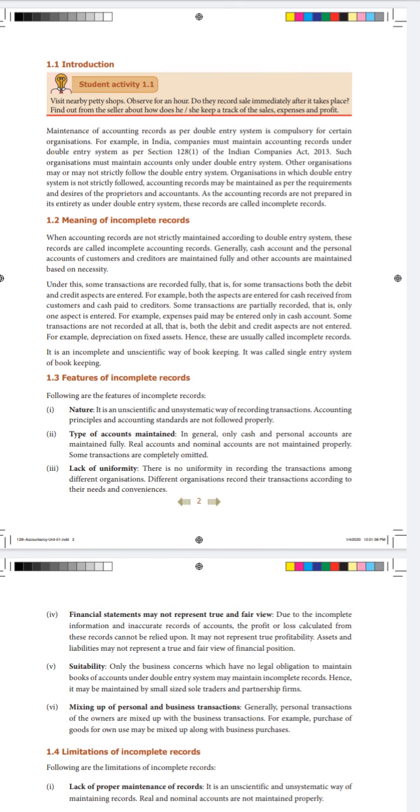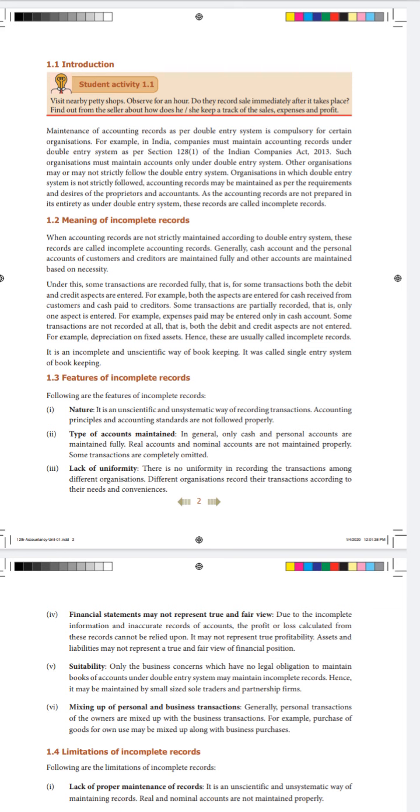Here we have an example like cash paid to creditors or any cash received from the customers. In this case, we have cash and also our customer, and we have cash and also our creditor. So creditors and customers are our personal accounts, right? So automatically these kinds of transactions will be entered in both the aspects.